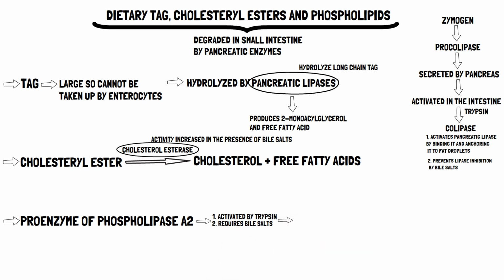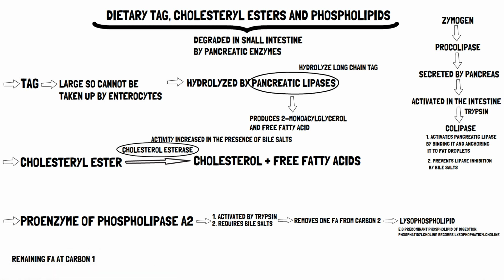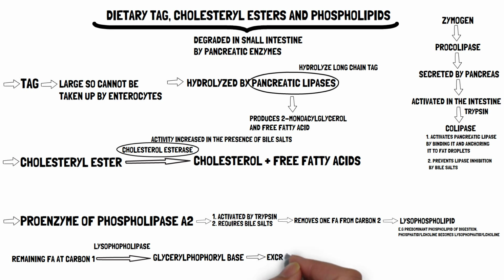Phospholipase A2 removes one fatty acid from carbon number 2 of phospholipid, leaving a lysophospholipid. For example, the predominant phospholipid of digestion, phosphatidylcholine, becomes lysophosphatidylcholine. The remaining fatty acid at carbon 1 is removed by lysophospholipase, leaving a glyceryl phosphoryl base that is either excreted in feces, degraded further, or absorbed.